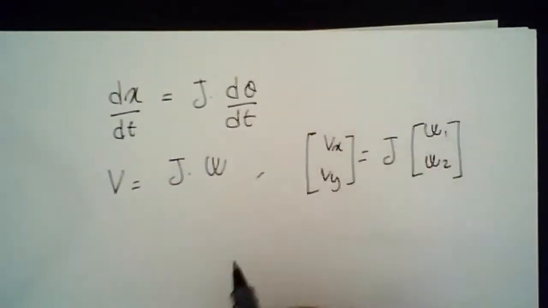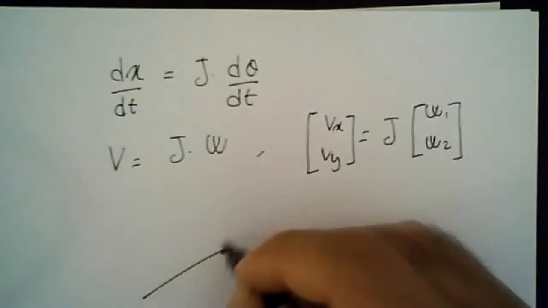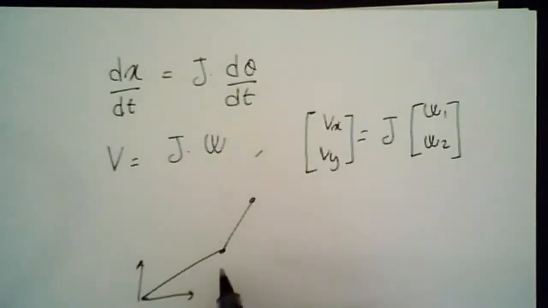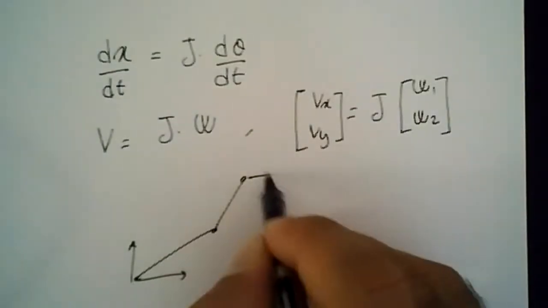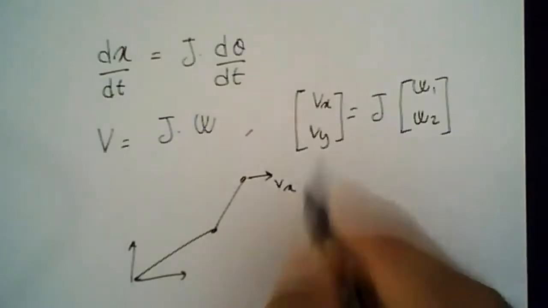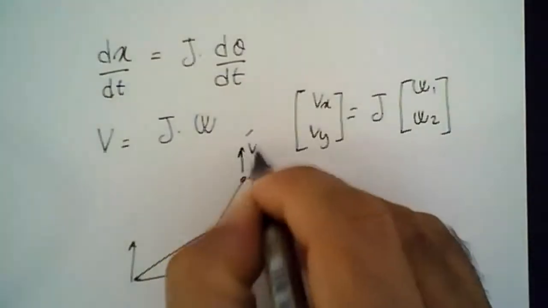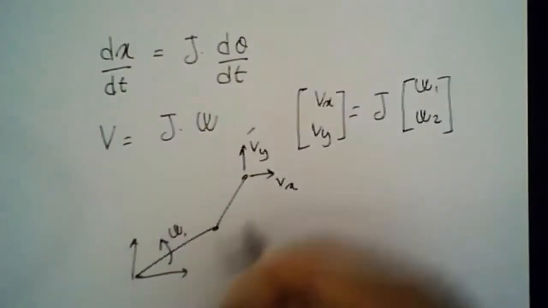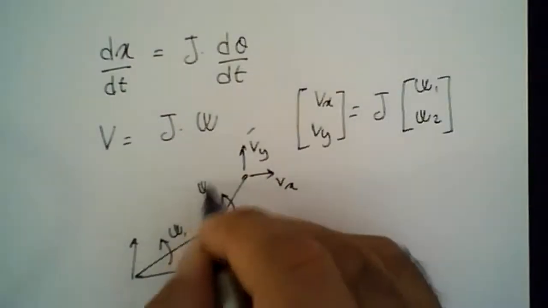So back to my previous robot, this is what I had. What is the Jacobian doing basically? The Jacobian is relating, this is the x velocity of the end effector, this is your y velocity of the end effector, this is omega 1, and this is omega 2.